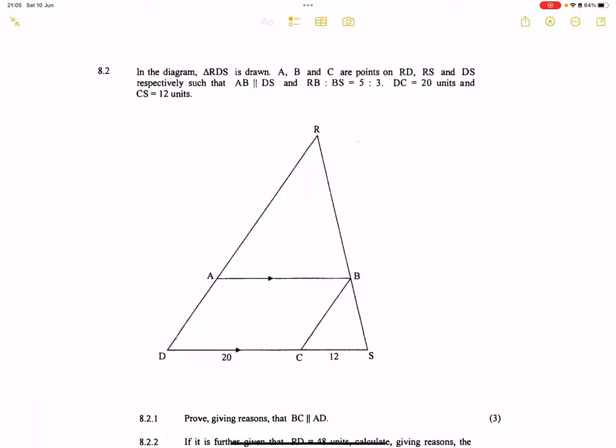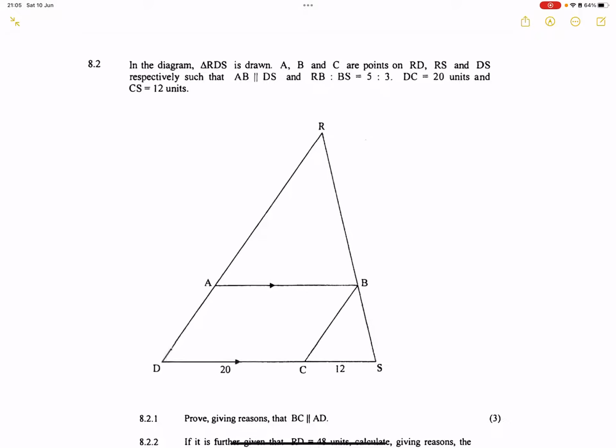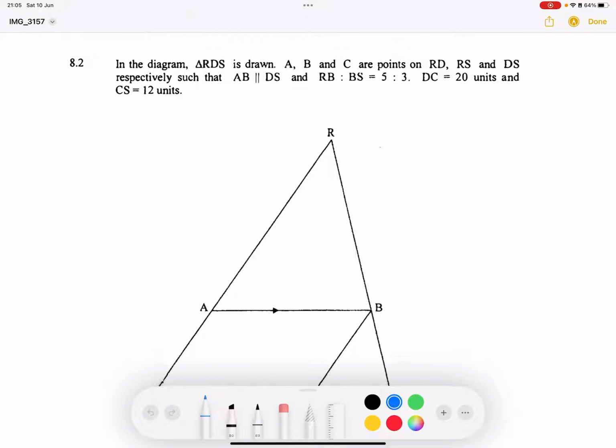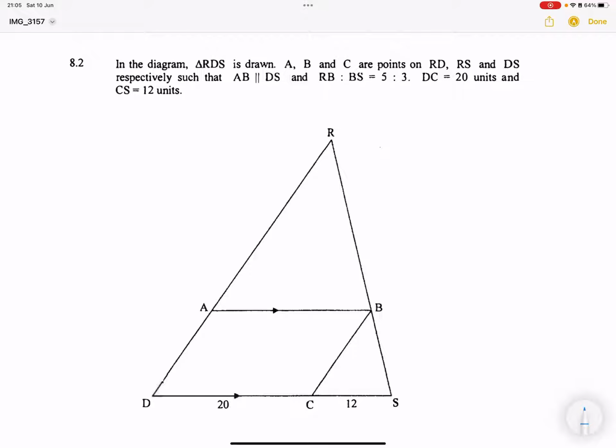I'm just going to write that down so that we remember it. Now they've given us a ratio: RB to BS has a ratio of 5:3.